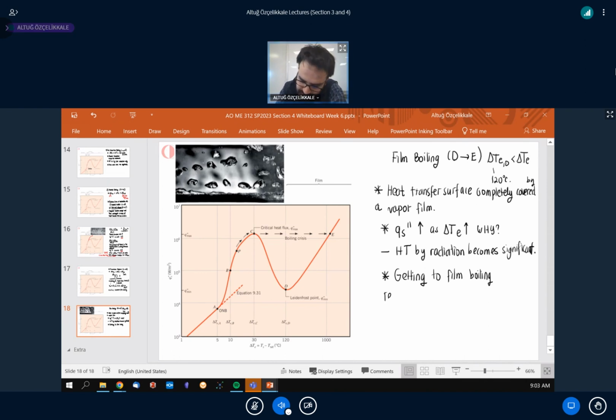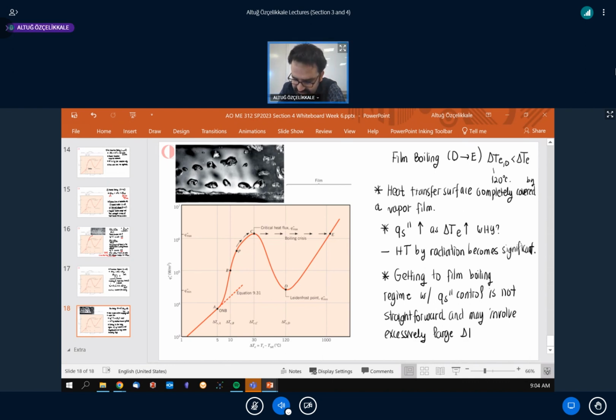So the heat flux control is not straightforward. Excessively large temperature differences, this excess temperature.